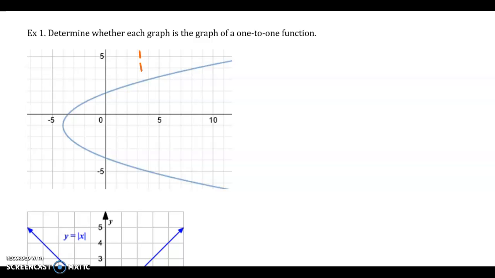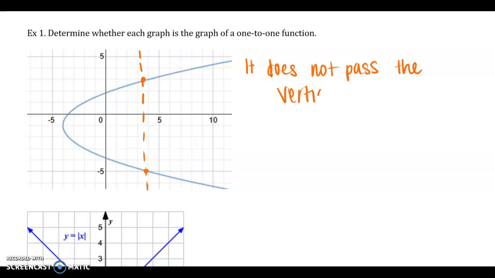I am going to go ahead and draw a vertical line here, and automatically here and here it touches the graph at more than 1 point, so it does not pass the vertical line test. And if it does not pass the vertical line test, it cannot be a 1-to-1. So not 1-to-1.